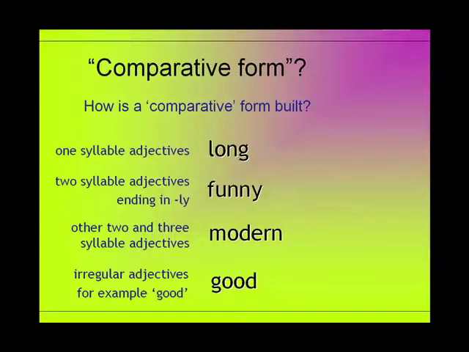To do the comparative, to add the idea of more, you add er: longer. Funny is a two-syllable adjective, but it ends in y, okay? So to do the comparative, you delete the y and you add ier, funnier, okay?